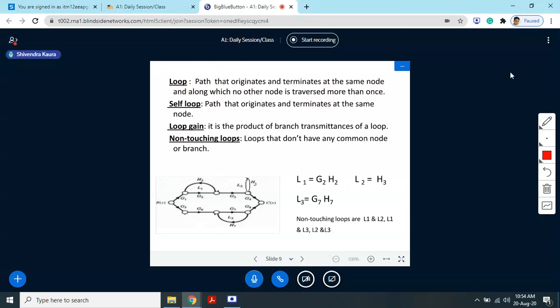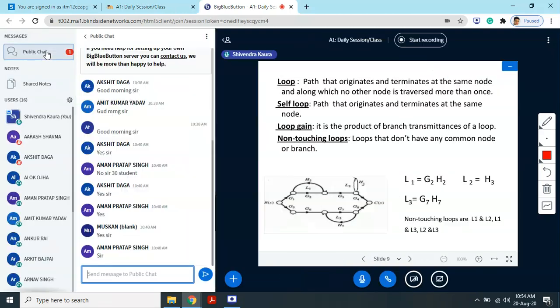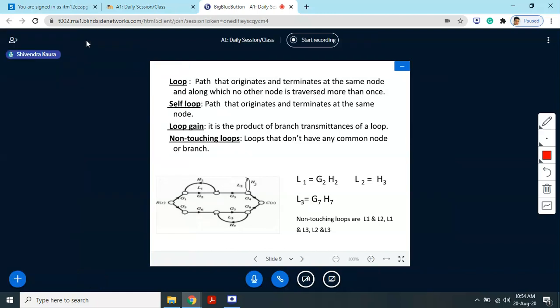Loops are paths which originate from one node and terminate at the same node. As you understand from the definition, what is a loop? The dictionary meaning of a loop is a closed path by which you can start from a point, move along that closed path, and come back to that same point.